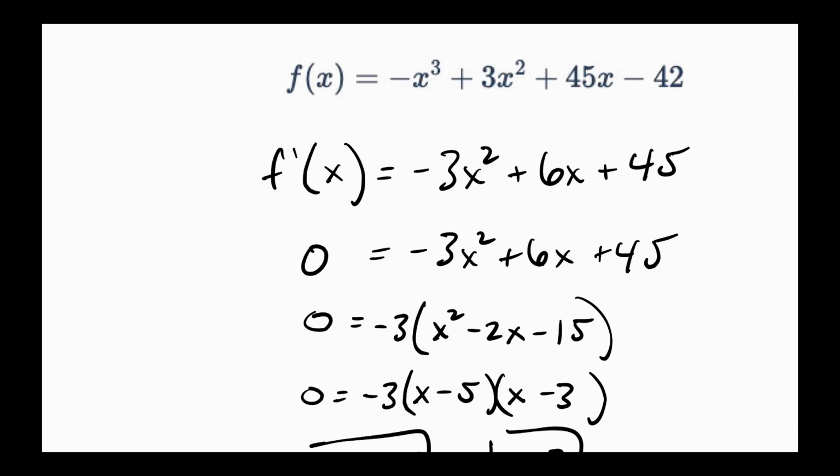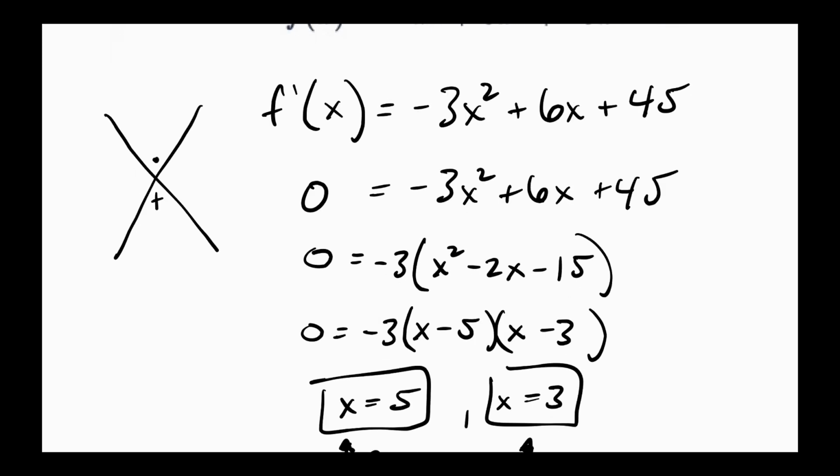So most of you could probably do something like this. First thing you do is factor out a GCF. The GCF was negative 3, so you took out a negative 3. Then you need two numbers that multiply to negative 15 and add up to positive 2, which are negative 3 and 5.